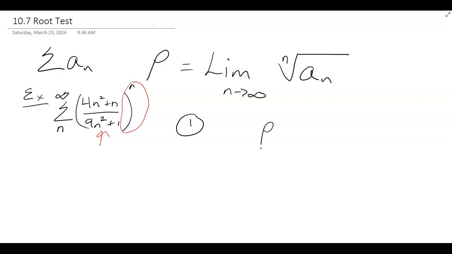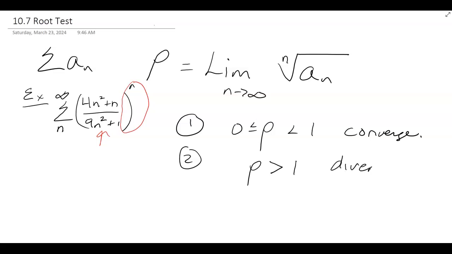If rho, that limit you find, is greater than or equal to 0, but less than 1, well, you converge. Okay? If that limit is actually larger than 1, you're going to diverge.